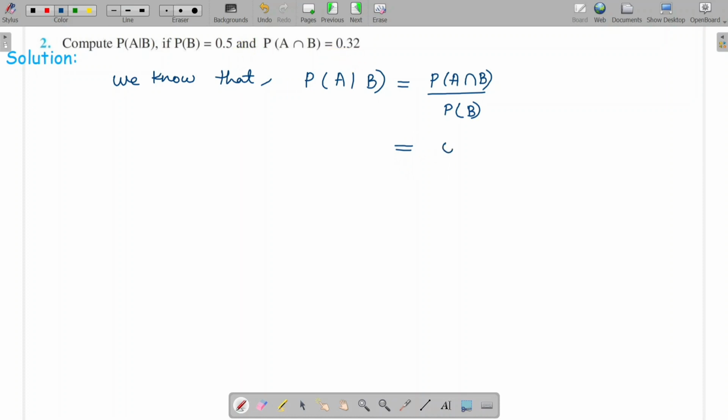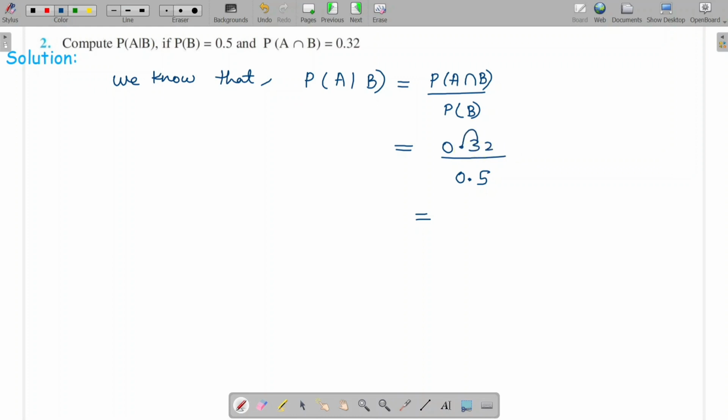Probability of A intersection B is 0.32 divided by probability of B, which is 0.5. Okay, so now we will move 2 decimal places ahead.